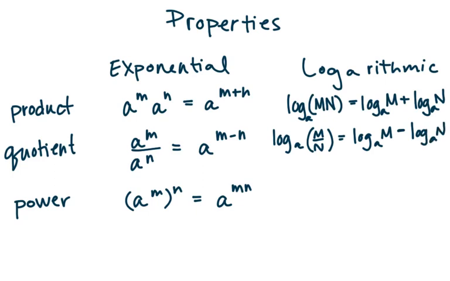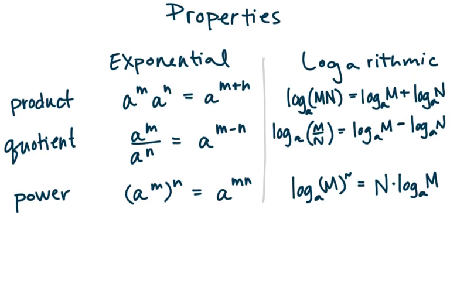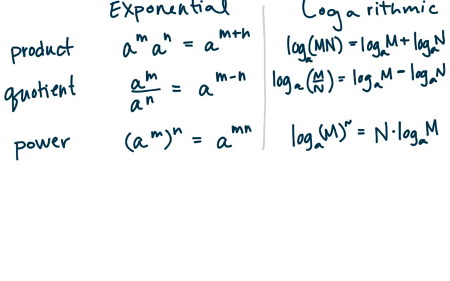And then we also have a power rule. If I have log base a of m raised to some nth power, that n can come in the front, and that would be n times log base a of the argument m. All right, so draw a little line there to separate, but we have three rules for exponential functions, three rules for logarithmic functions. We also have a few other properties.